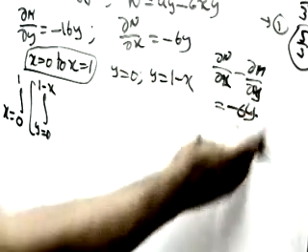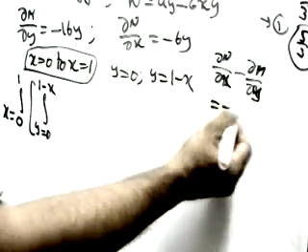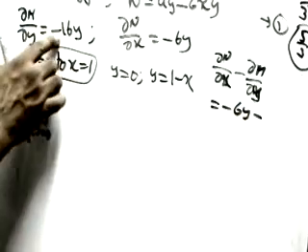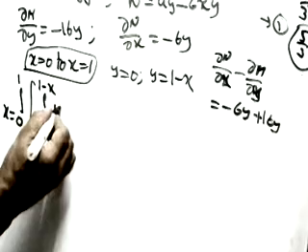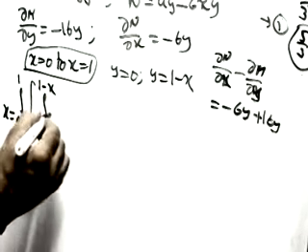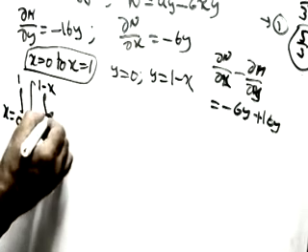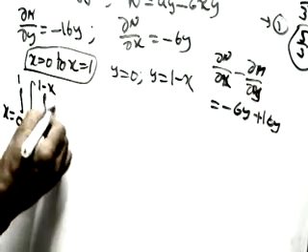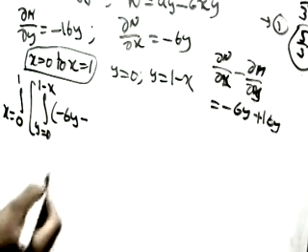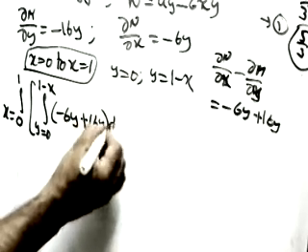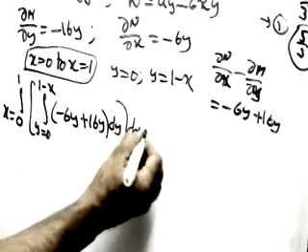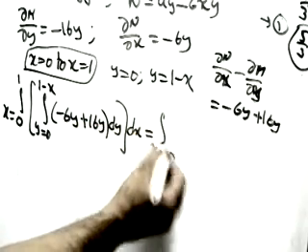So this will be minus 6y, minus, again minus 16y means plus 16y. So we write it in one step: dou N by dou x is minus 6y, minus minus 16y means plus 16y, dy then dx, x equals 0 to 1.